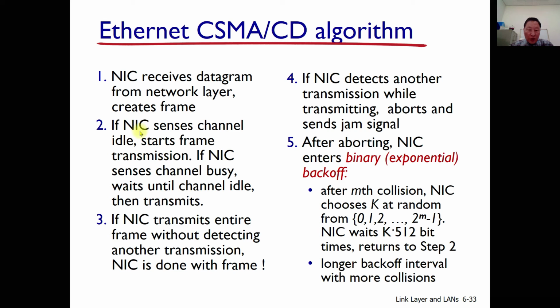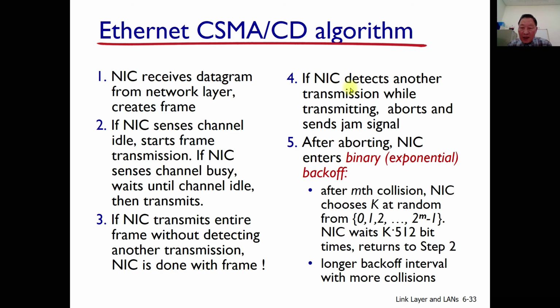If the card senses the channel is idle, it starts frame transmission. If it senses the channel is busy, it waits until the channel is idle, then transmits. If it transmits the entire frame without detecting another transmission, the network interface card is done with the frame successfully.